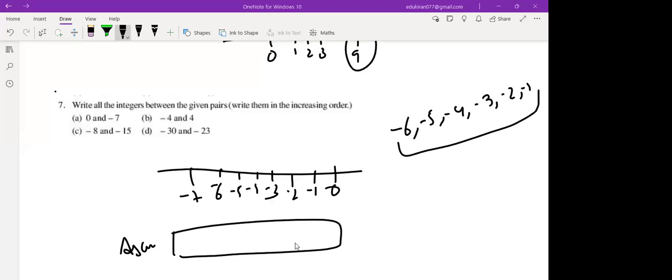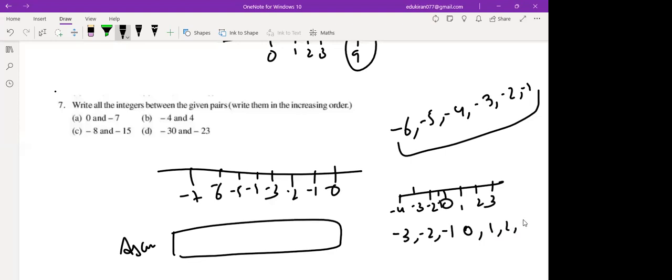Yes. Now over here, let me just draw it for you. Why are you so confused? Minus 4, minus 3, minus 2, minus 1. Then 1, 2, and 3. So in the ascending order, it would be first minus 3, then minus 2, minus 1, 0, then 1, 2, 3. Clear? Yes, ma'am.